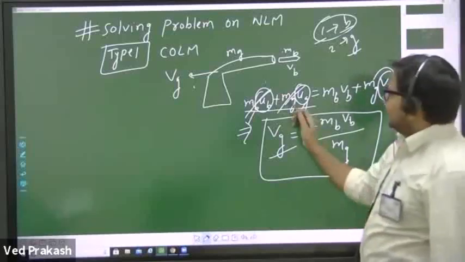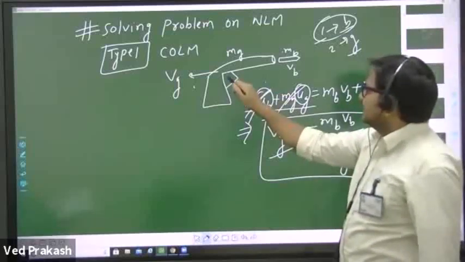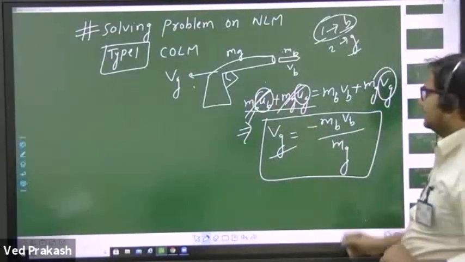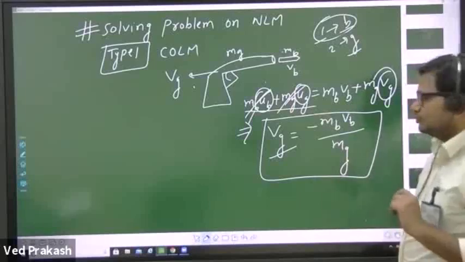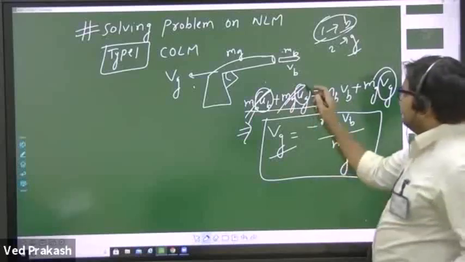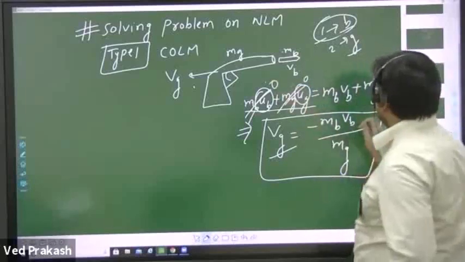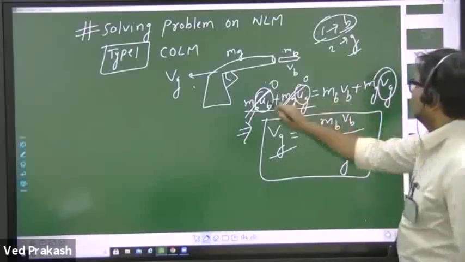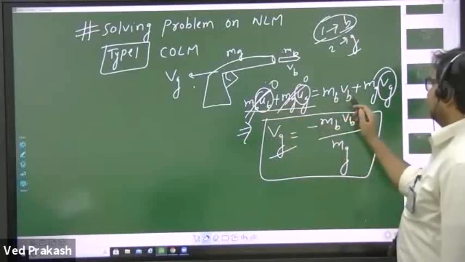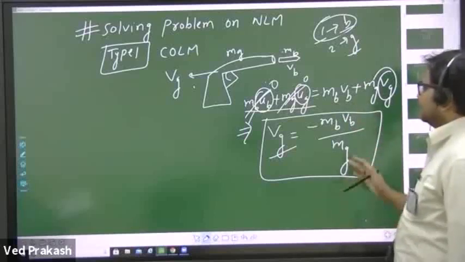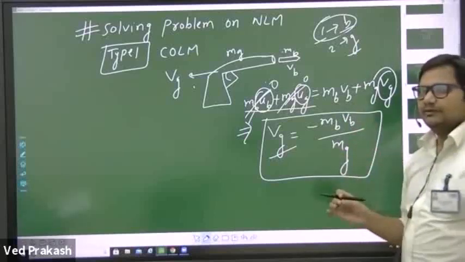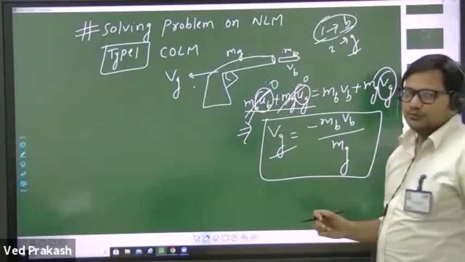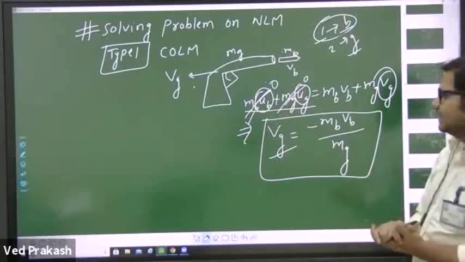As we know, the gun and bullet are initially at rest before firing, so ub and ug are going to be 0. So if you solve this equation, you will get vg equal to minus mb vb upon mg. Out of these four quantities, three will be given in your numerical and you have to find the fourth one. You can solve this kind of numerical very easily.